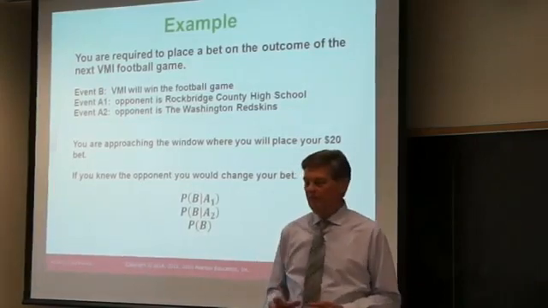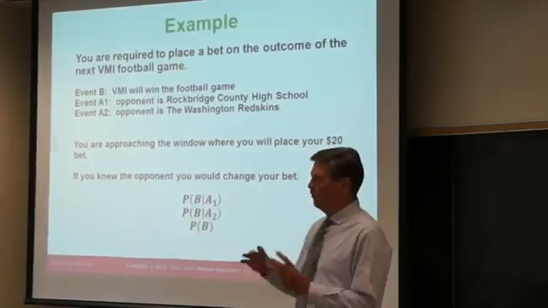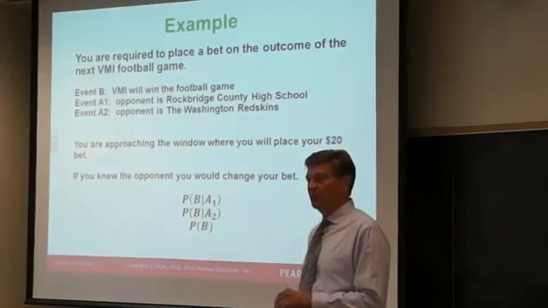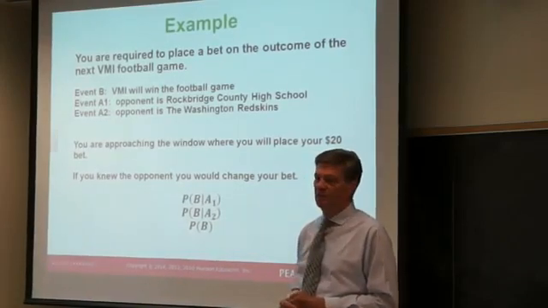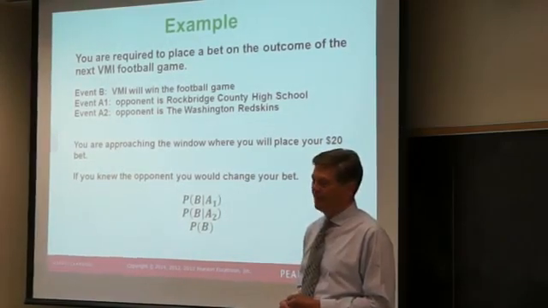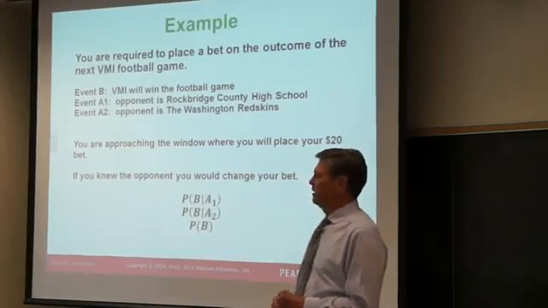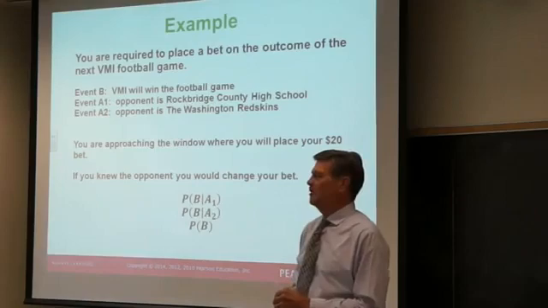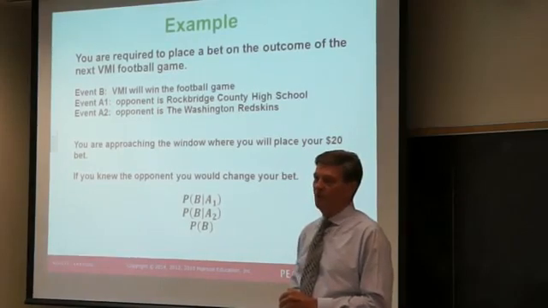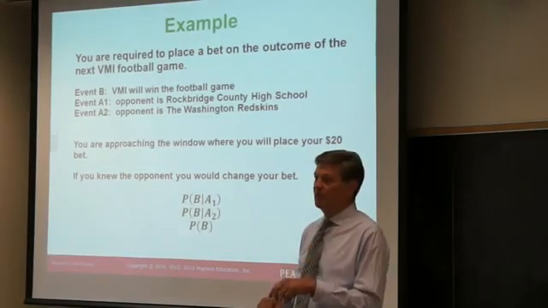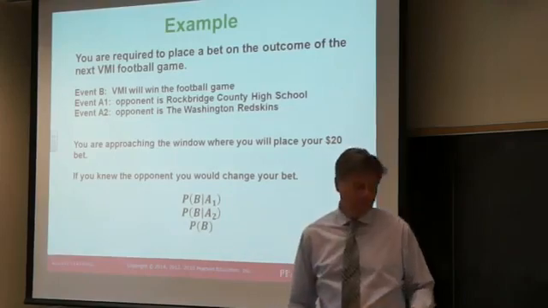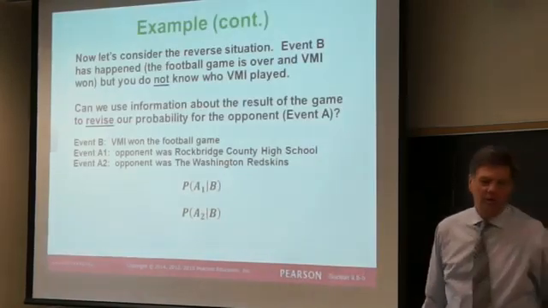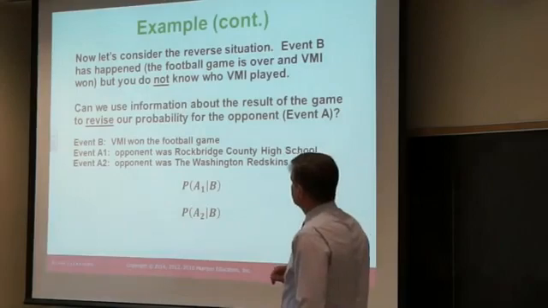So keep in mind, we have probabilities before and after we have information, and as we get additional information, we revise our probabilities. And that, in a nutshell, is a very simple explanation of what Bayesian probabilities are all about. We update probabilities based on what we learn. So let's turn this example around now.